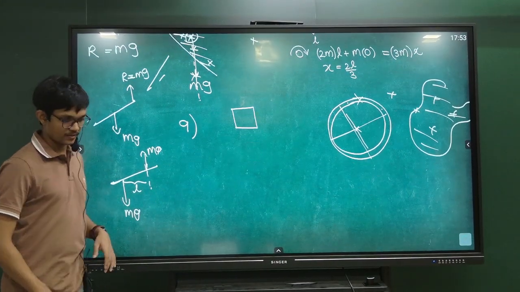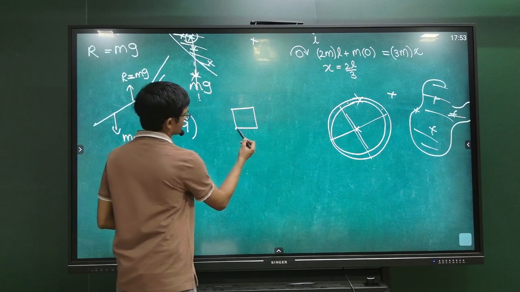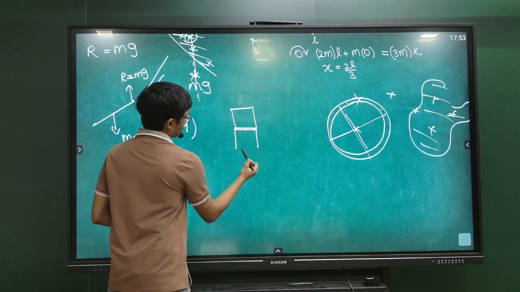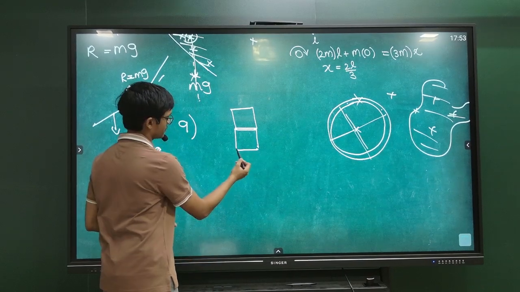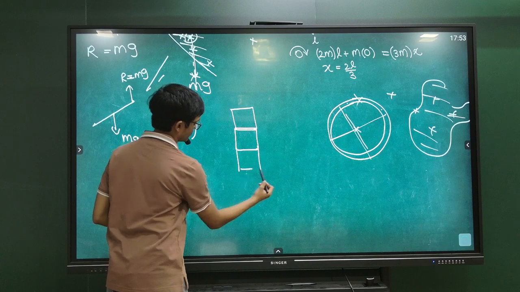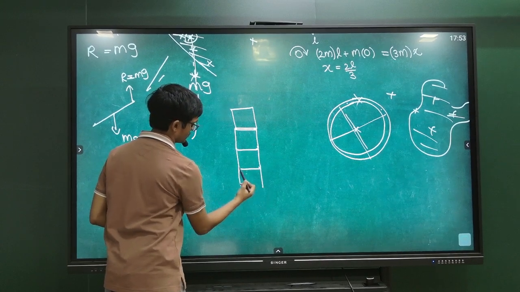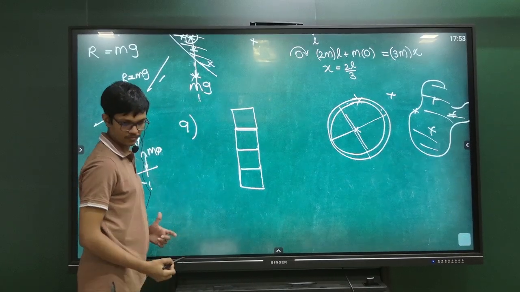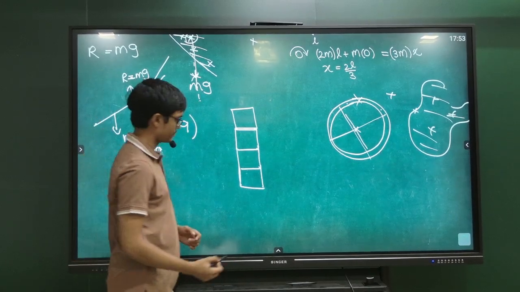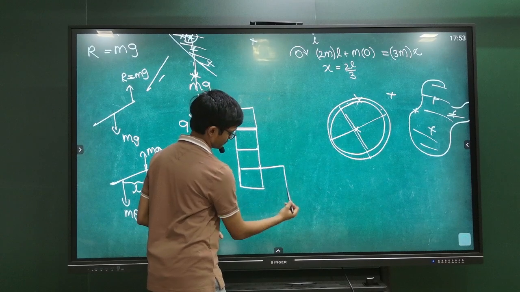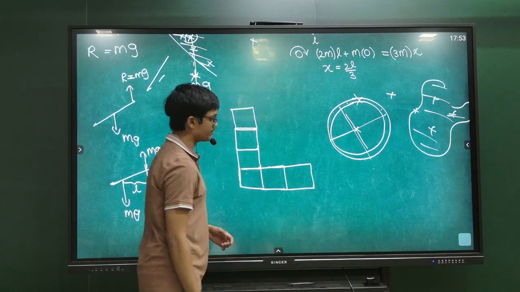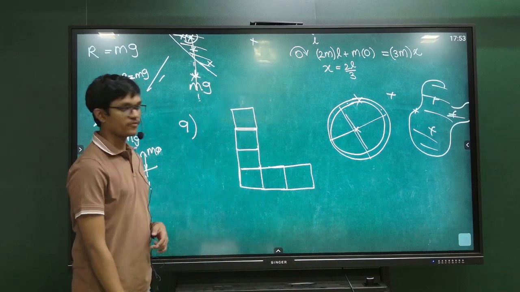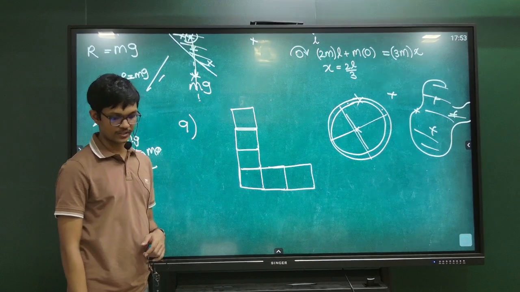To find the center of gravity, question number 9. The system is like this: 1, 2, 3, 4, 5. Where can you find the center of gravity of this system?